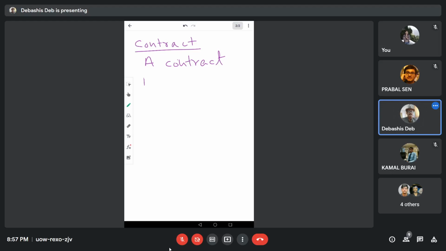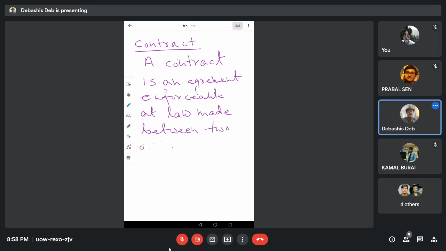A contract is an agreement enforceable at law, made between two or more persons.